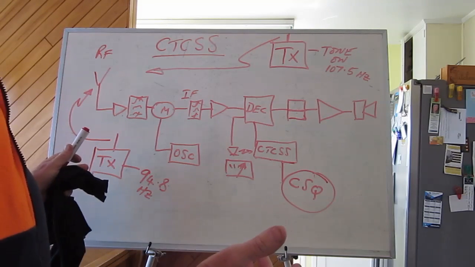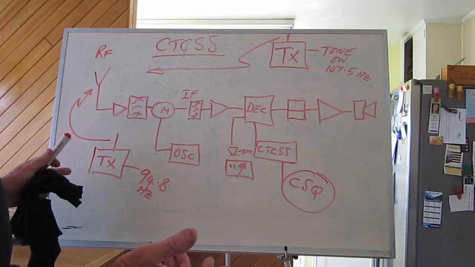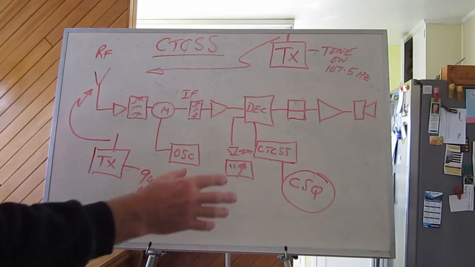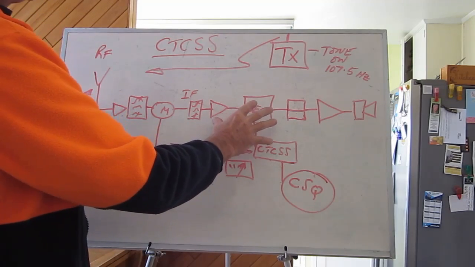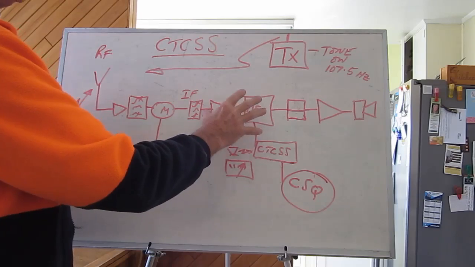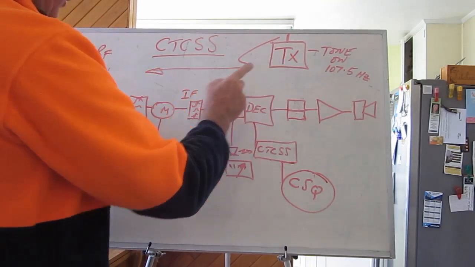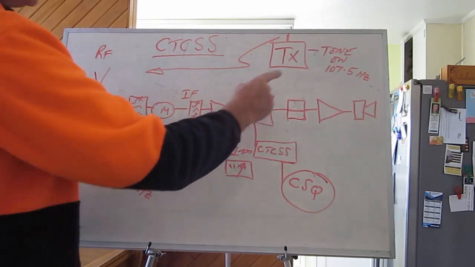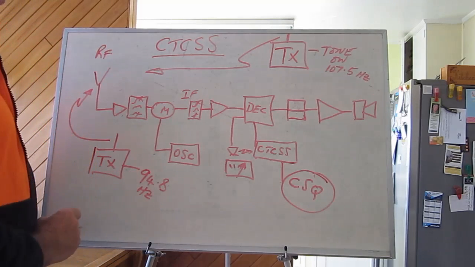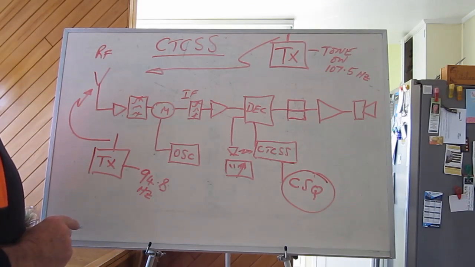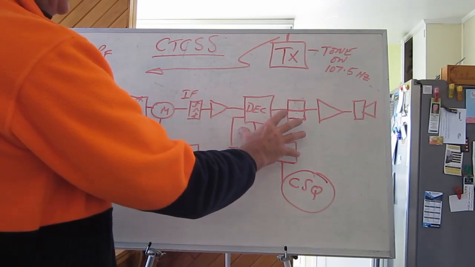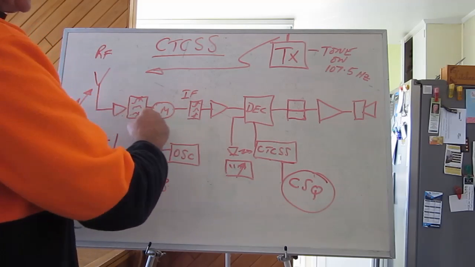You might as well not have it at all. And the user of this receiver will suffer from co-channel interference from other users on the same frequency, despite the fact that they're using other CTCSS tones.